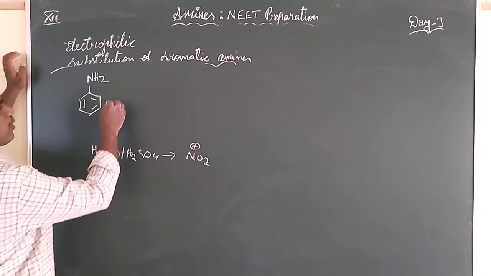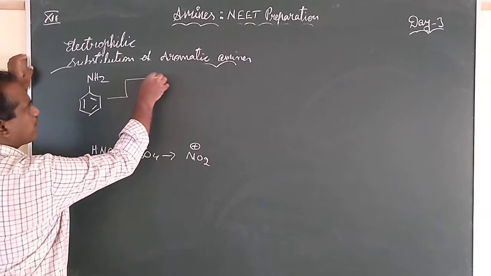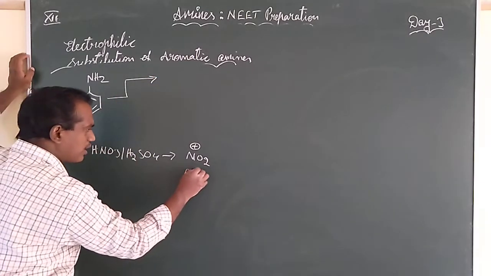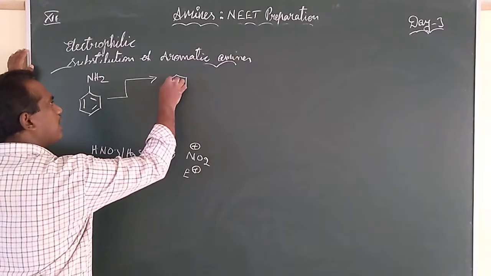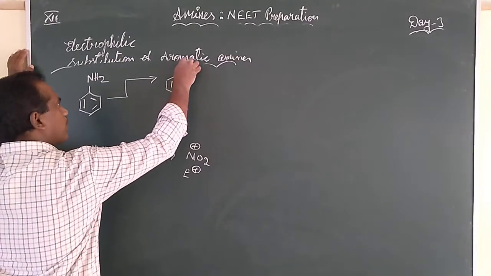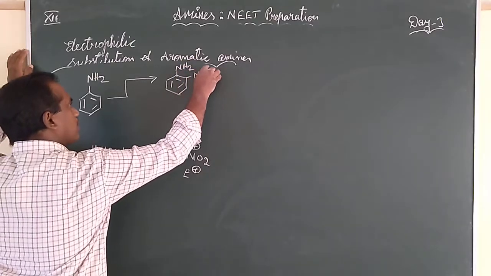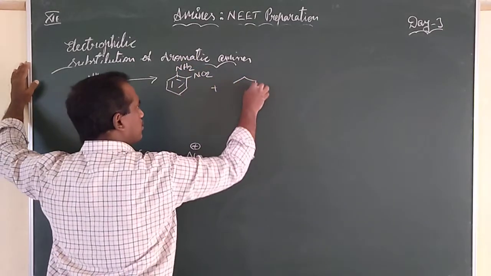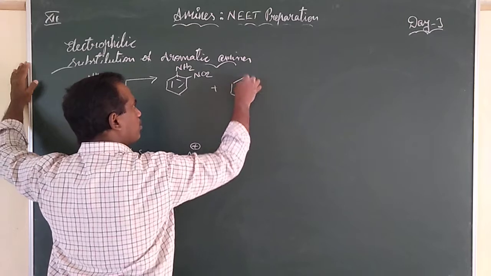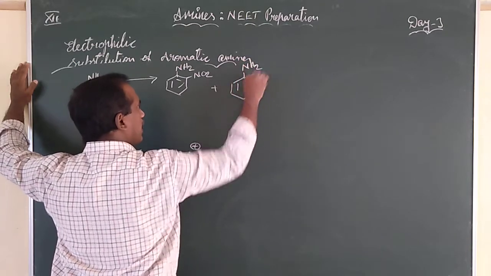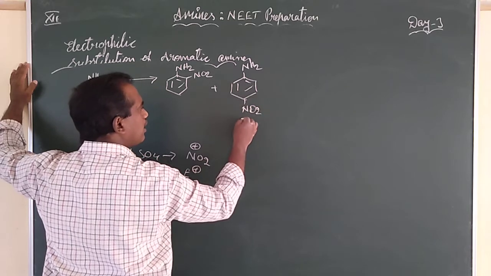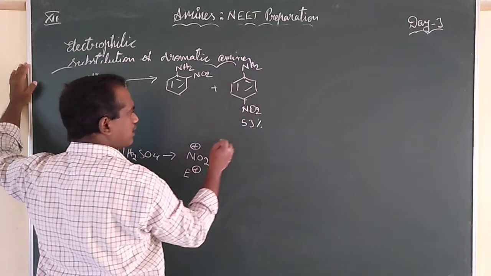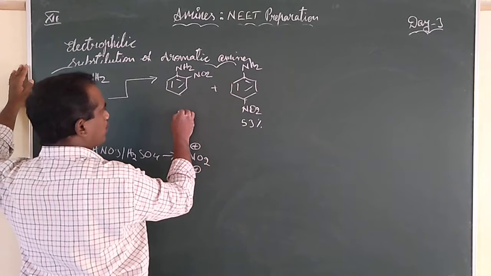Nitronium ion is an electrophile, so compulsorily it will bond at different places, maybe at the ortho position or maybe at the para position. You know here it is around only 53% and here it is only 2%.